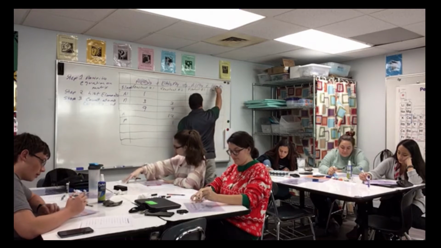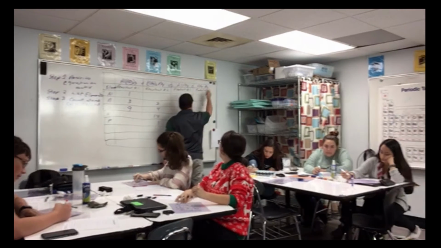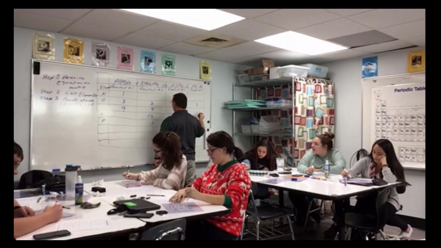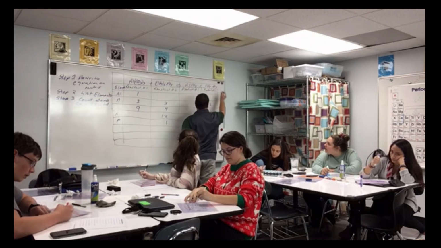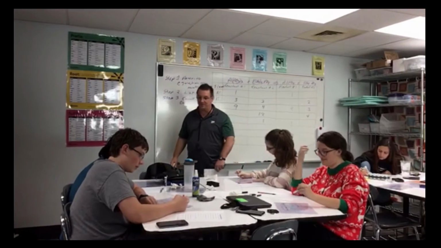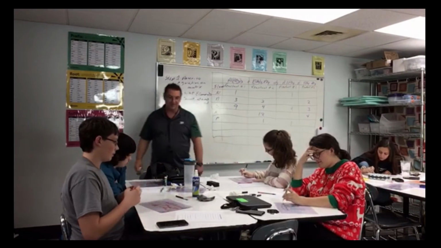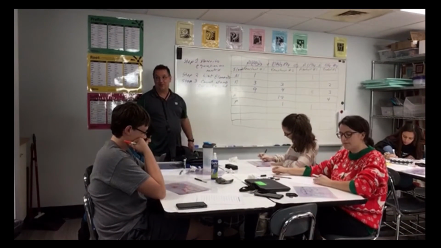Very good. How many hydrogens? 4. And how many oxygens? 3. That's why I said rewrite them on your paper from the worksheet. Are we good? Everybody with me so far?